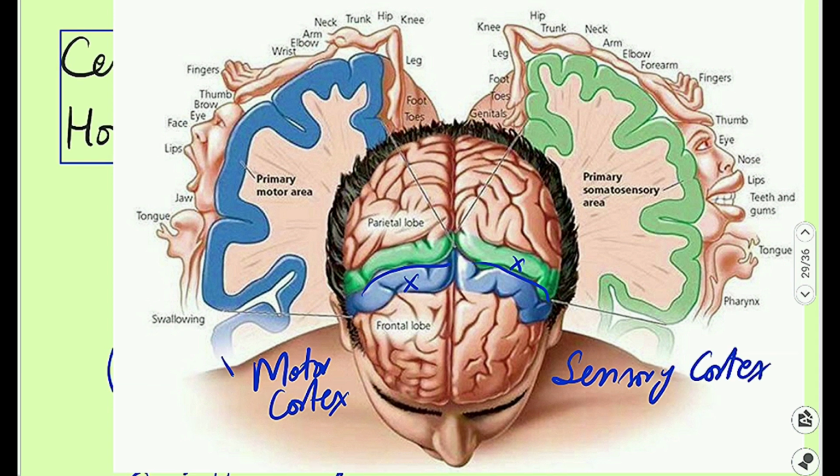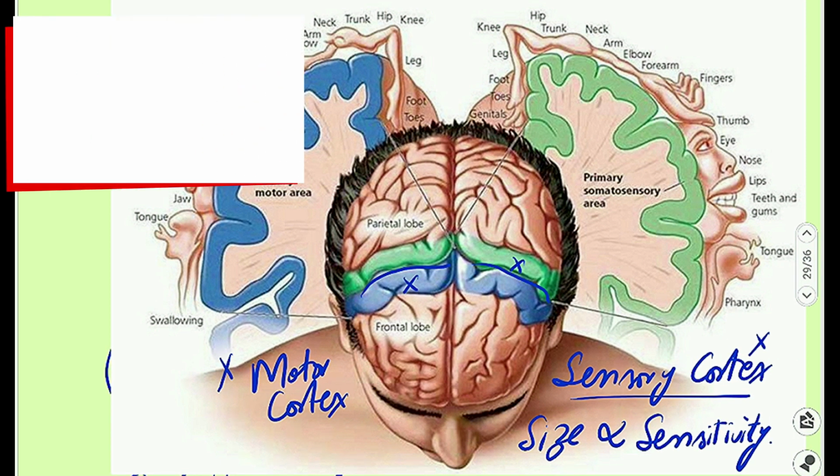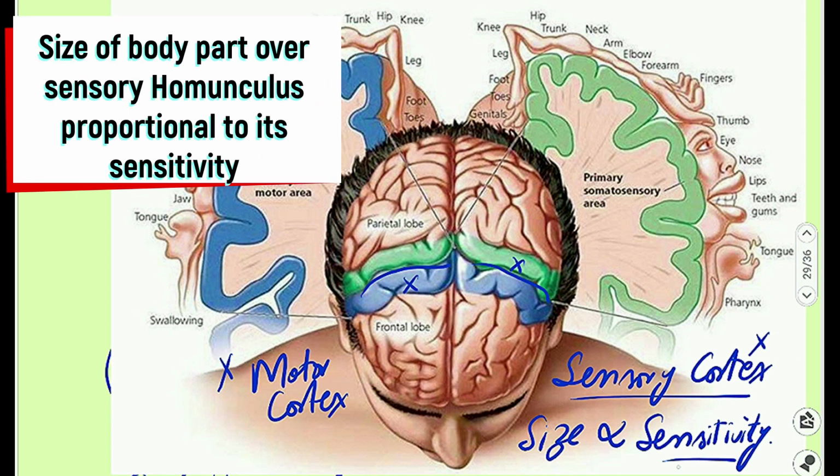There is a map of the body on the motor cortex and a map of the body on the sensory cortex. But this map has some rules. The rule for the sensory cortex is that the size of the body part is directly proportional to its sensitivity. If the body area is more sensitive, then it will have a larger area over the sensory cortex.